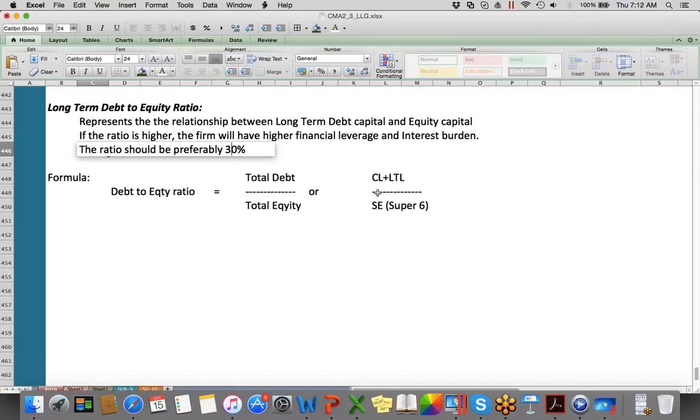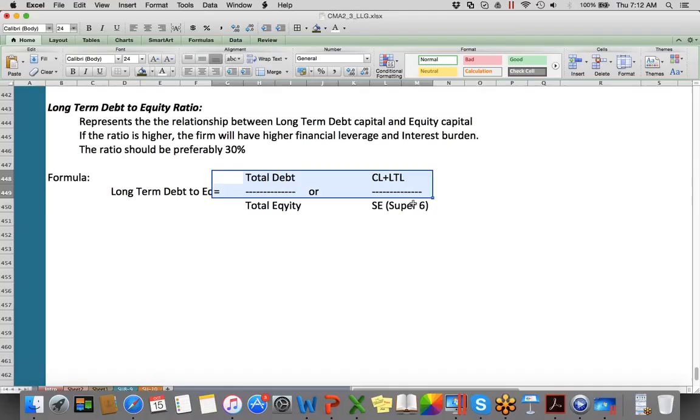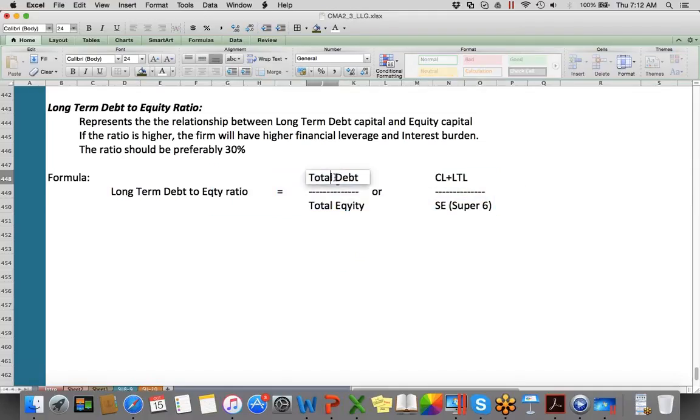Long term debt should be around 30%, meaning the long term debt to equity ratio will be around 30%. Here it is only long term debt divided by total equity. Here LTL, only LTL.